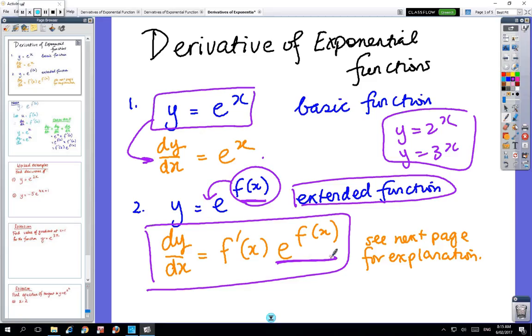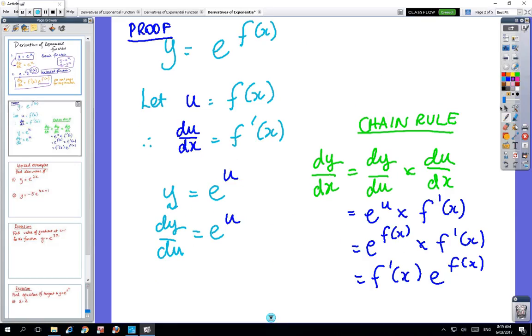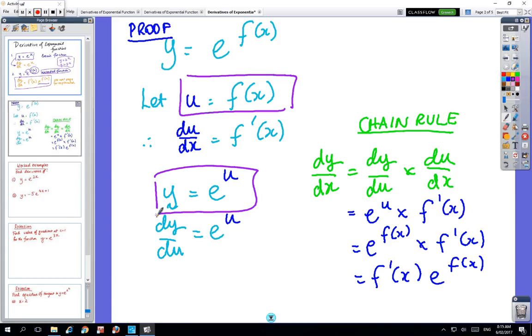But what we're going to do is explain the second one before we move on. Okay, so for the second part, y equals e to the f(x). So what we do is we set up a substitution, so that rather than having a complicated one, we just have y equals e to the u. And then just note, we're going to be using the chain rule. So when u equals f(x), du/dx is just going to be f dash x.